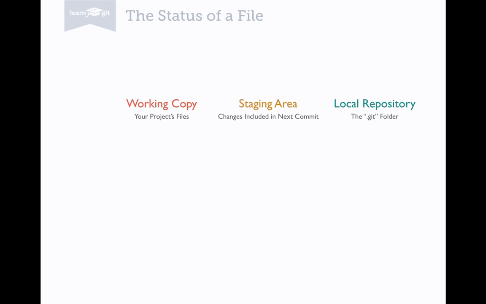We already saw that, the place where those HTML and CSS files lie. Then we have the staging area. This is an in-between zone, you could say, where Git marks changes for the next commit. And you have that mysterious .git folder, that local repository on your machine.